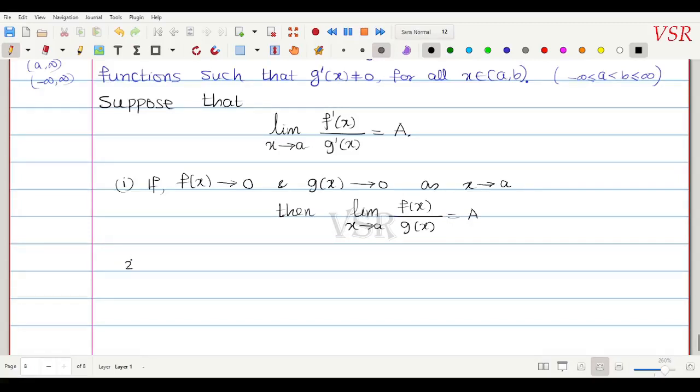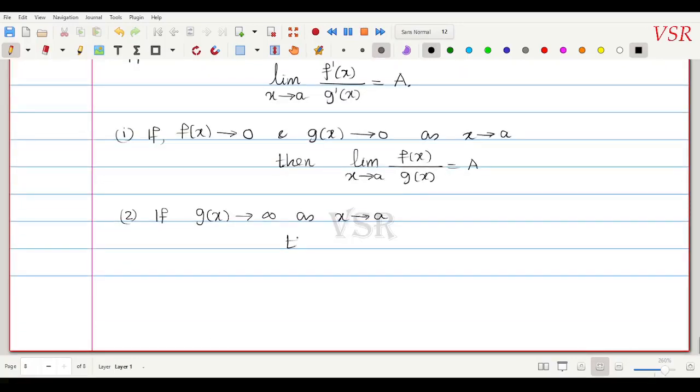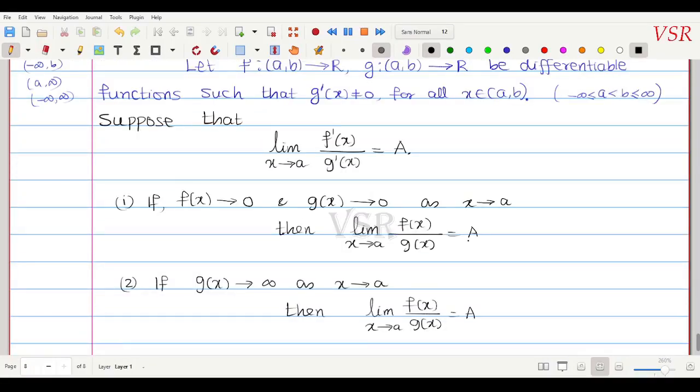And the second statement is: if g(x) tends to infinity as x tends to a, then the limit as x tends to a of f(x) divided by g(x) is also equal to A. Let me state it again. f and g are two differentiable functions and g'(x) is not equal to 0 for every x.